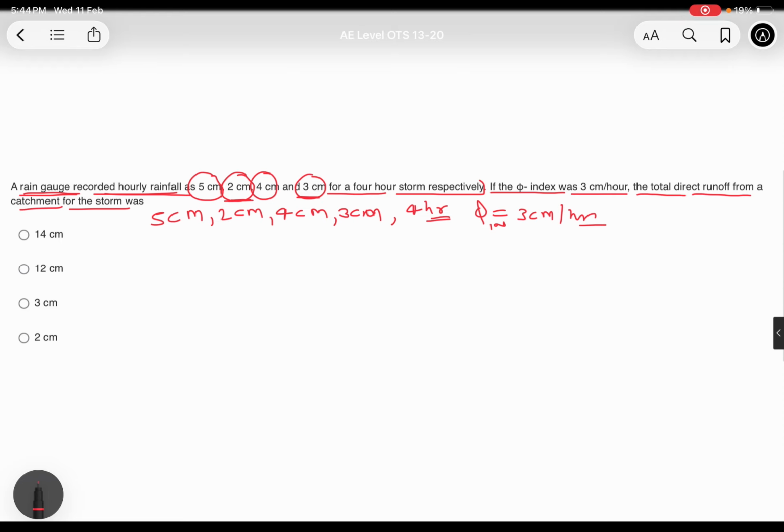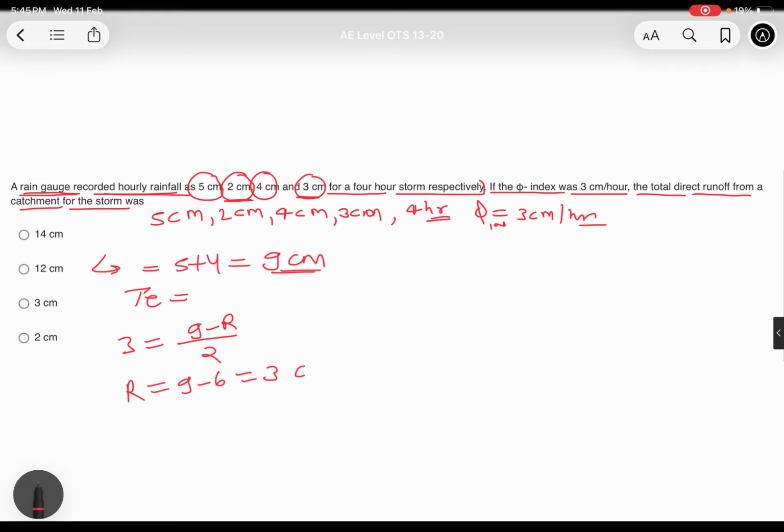So it is not required to consider those amounts of rainfall during phi index. Let's calculate. Total precipitation is 5 plus 4, which is equal to 9 centimeter. That is the total precipitation. T is the effective time duration in which rainfall intensity is greater than phi index, which is 2 hours. So 3 is equal to 9 minus R divided by 2. So R is equal to 9 minus 6, which is equal to 3 centimeter.